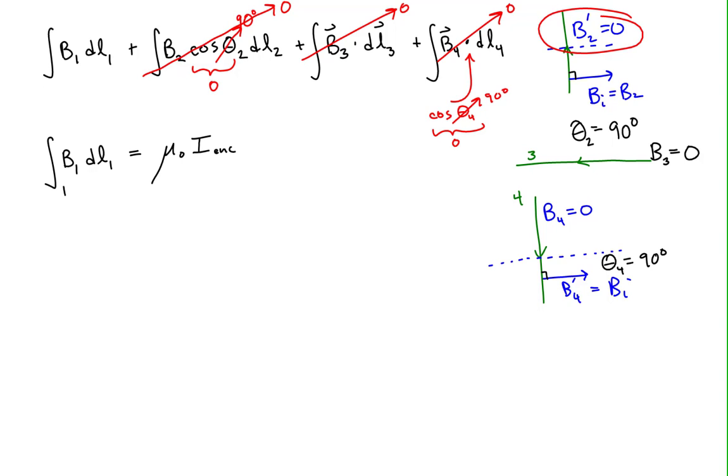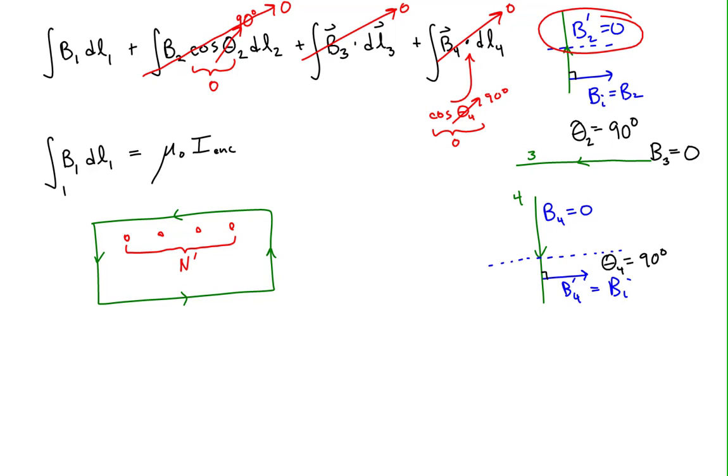Let's redraw our Amperian loop and the current going through it. So we had our Amperian loop, which was a rectangle, and we indicated that we had currents coming towards us from each of the loops of our coil. We had said that the amount of current coming towards us is given by the N prime number of loops.